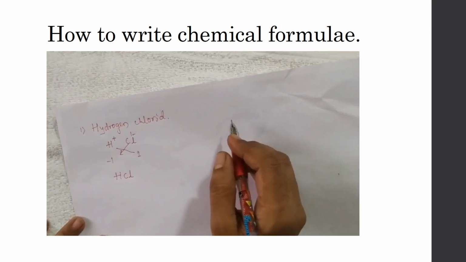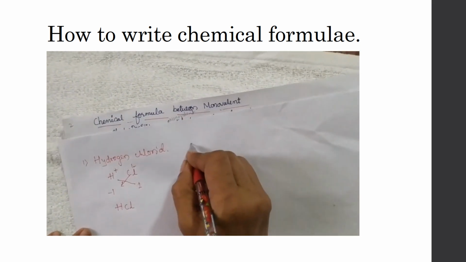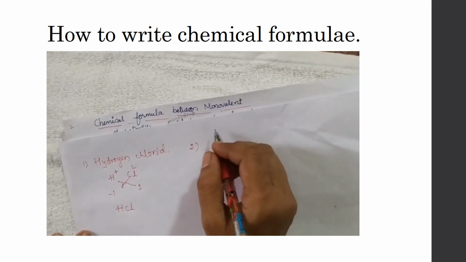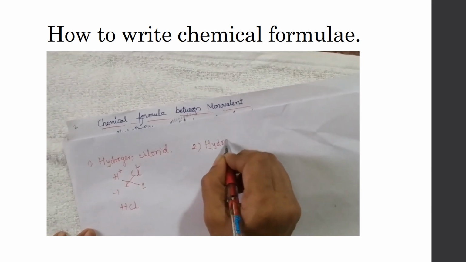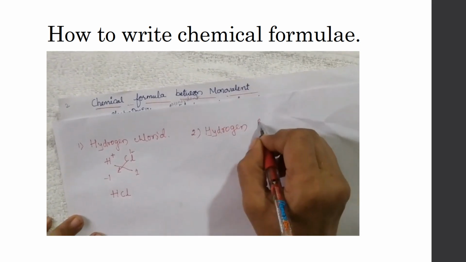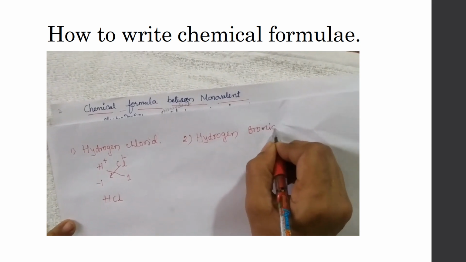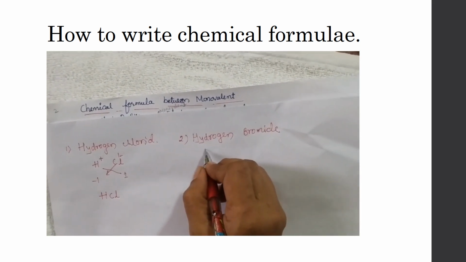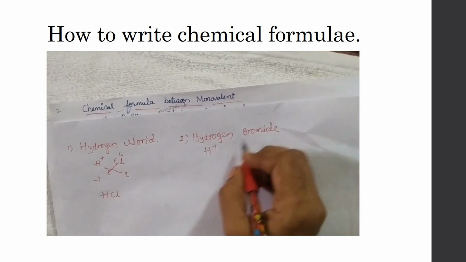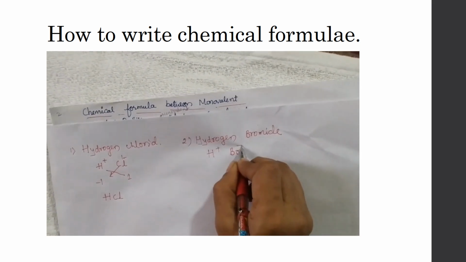Now we will take another example, hydrogen bromide. As we know, the symbol of hydrogen is H+ and bromide is Br-.